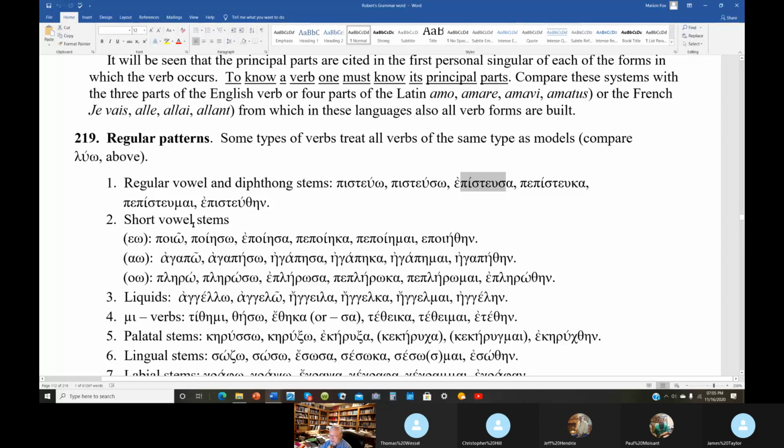Some of your short vowel stems have to be contract verbs that become contract verbs in this case here. O can contract on you. Okay. This may be a mistake. I might better look at that.